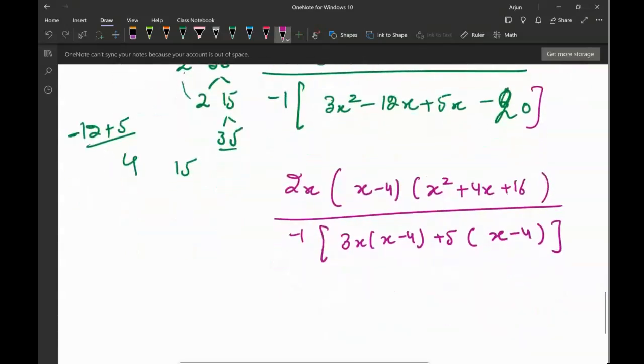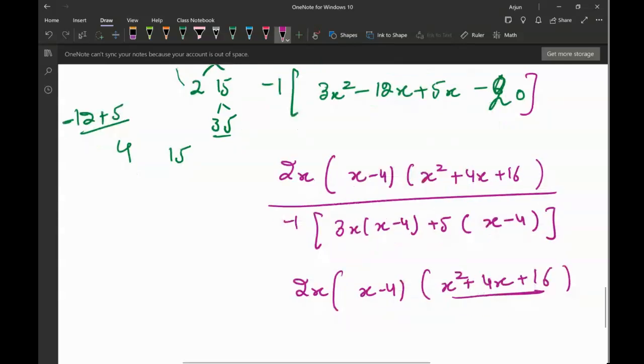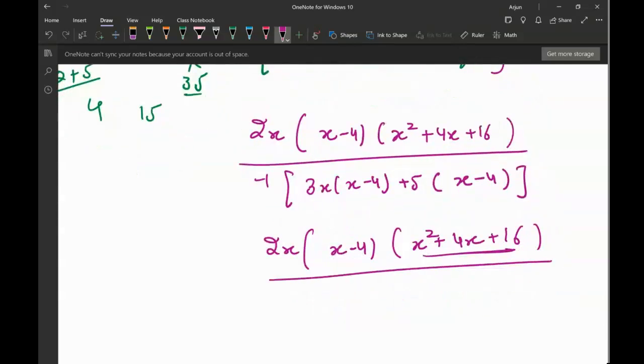Then I will compile the terms 2x, x minus 4 and x squared plus 4x plus 16. If you can convert it into simpler terms, try to reduce that also by taking the factors. If you cannot, then leave it as it is: 3x plus 5, and this will be x minus 4. And can I cancel something?